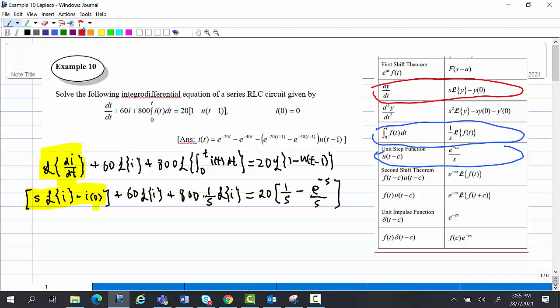Okay, then we put in the initial condition i(0) equals 0. So this is equal to 0.